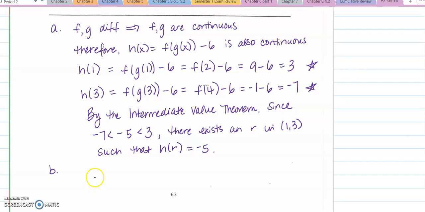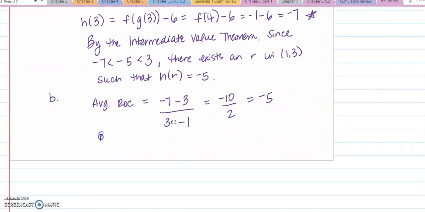So let's find the average rate of change for those h values. So we'll use -7 minus 3 all over 3 minus 1, which is -10 over 2, equal to -5.